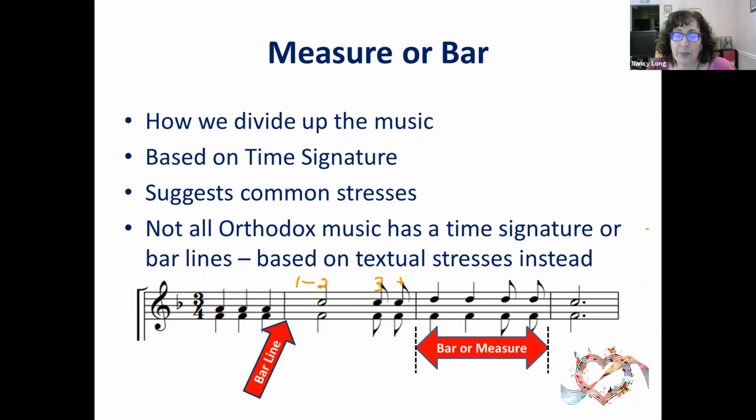A lot of times people will say, go to the 3rd bar or go to the 3rd measure. In this case, 1, 2, 3, and. So this 3rd beat is the addition of 2 eighth notes to make up 1 beat. And then here's a situation where we have a dotted half note. So this half note by itself would be 2 beats, and then the dot adds the 3rd beat.